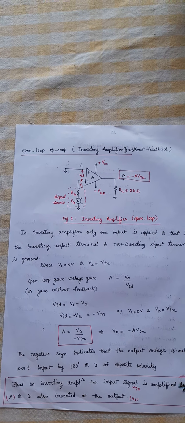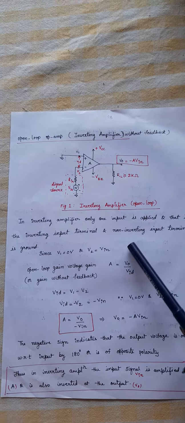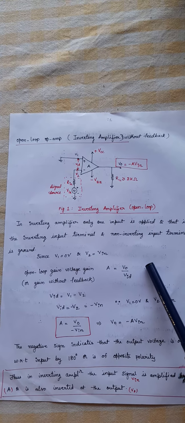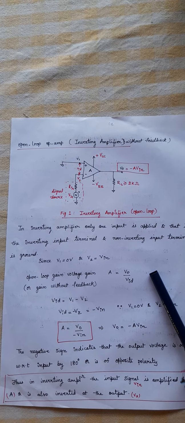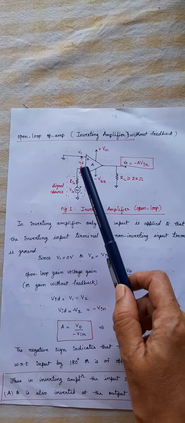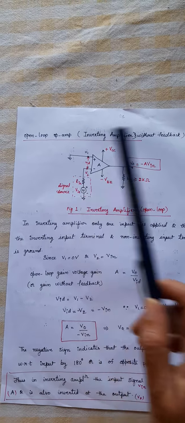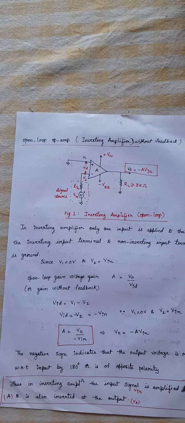What is gain? Gain is equal to output voltage by input voltage. What is output voltage here? V0. What is input voltage? VID. What is VID? VID is the difference between V1 and V2. What is V1? V1 is 0. So what will be VID?